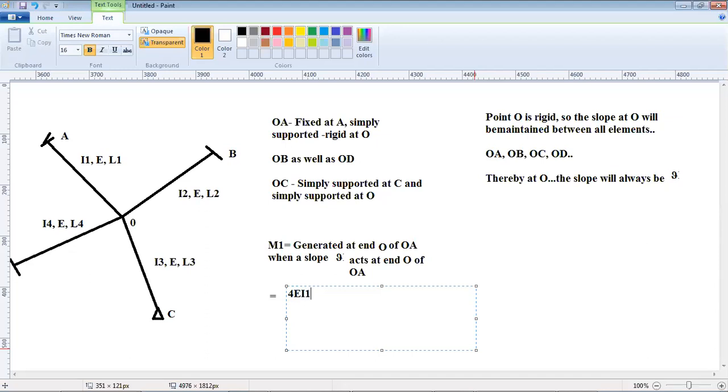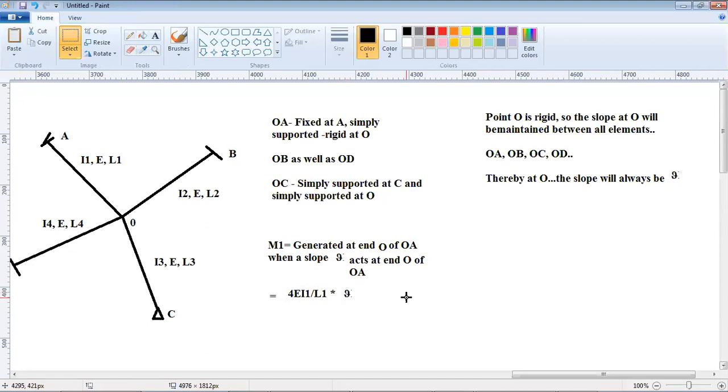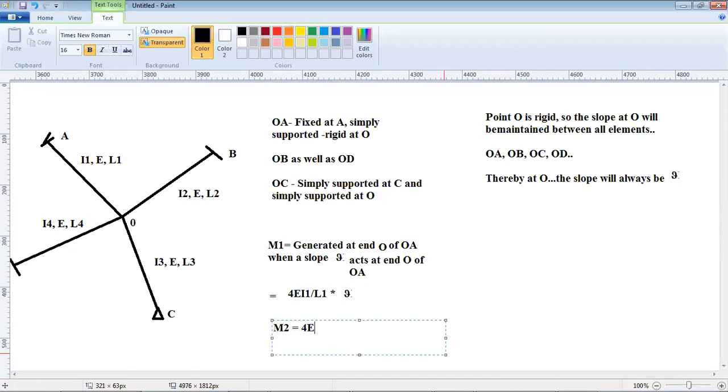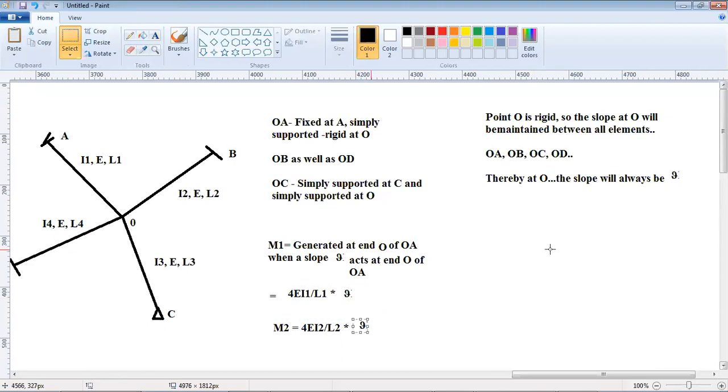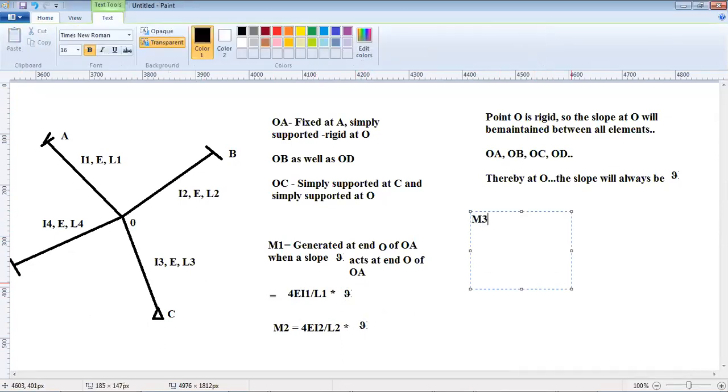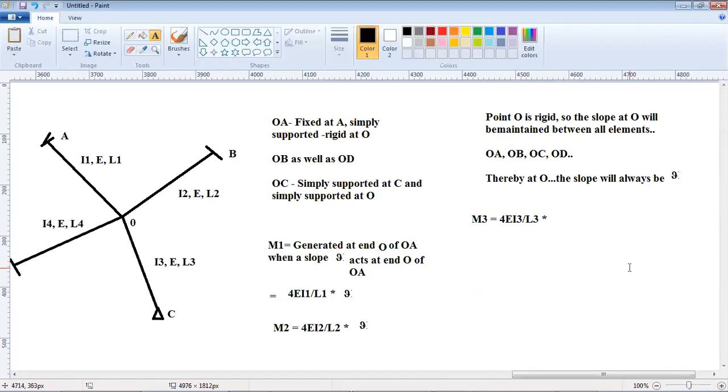It's I1 by L1, the length, into theta. So this is the first equation. Similarly, M2 is 4EI2 by L2 into theta. Then you have M3, 4EI3 by L3 into theta.